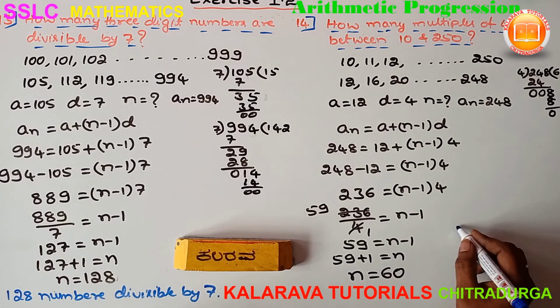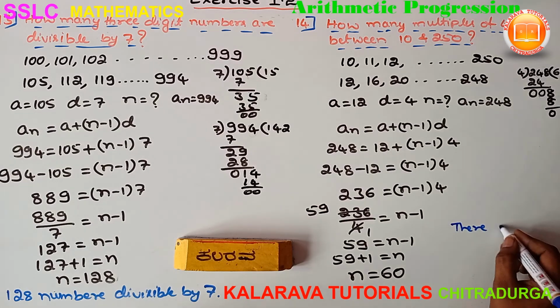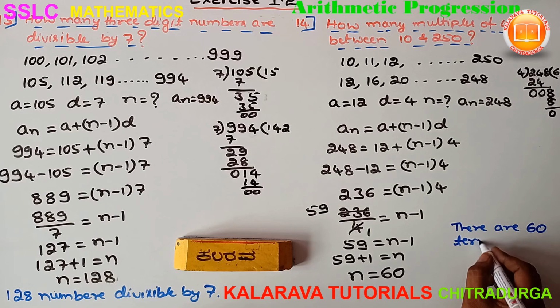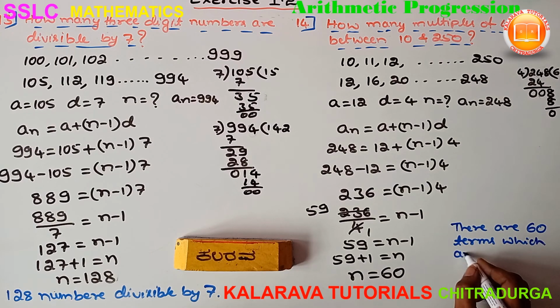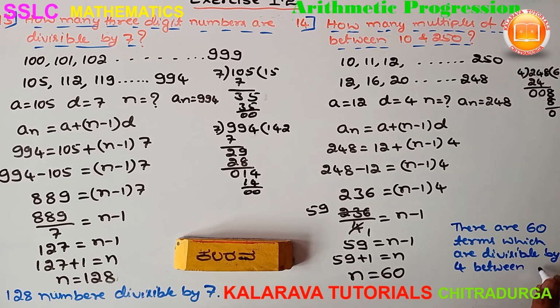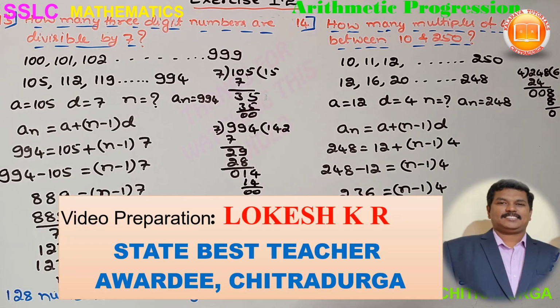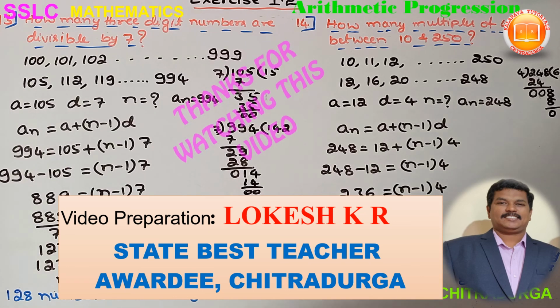Here we write: there are 60 terms which are divisible by 4 between 10 and 250. These are the multiples of 4.